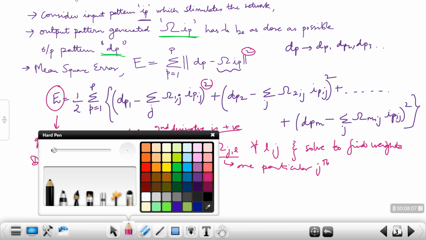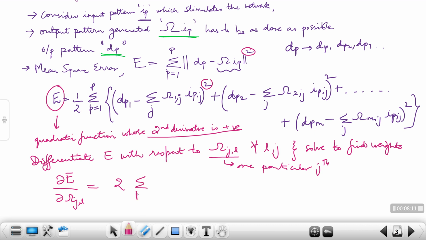and within the bracket what we have is summation of small p equal to 1 to capital P. Now every time you will be getting dpj, because I am doing it with respect to one particular thing, that is dpj.